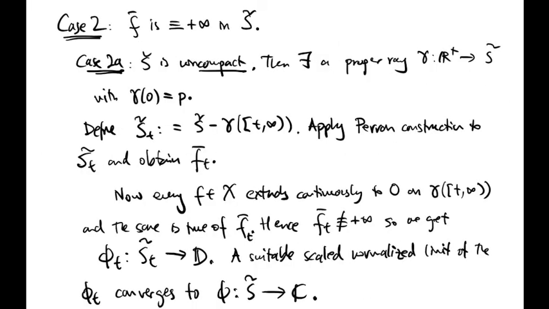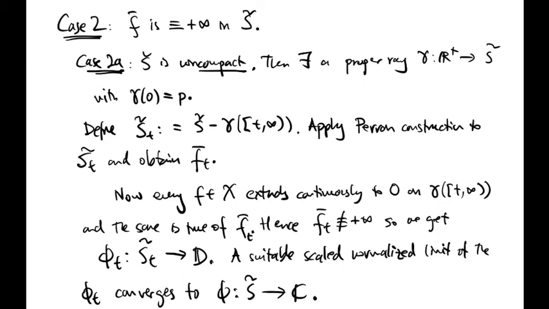The second possibility in Perron's theorem is that f bar is identically equal to positive infinity on S twiddle minus P. We pass to a subcase where S twiddle is non-compact.